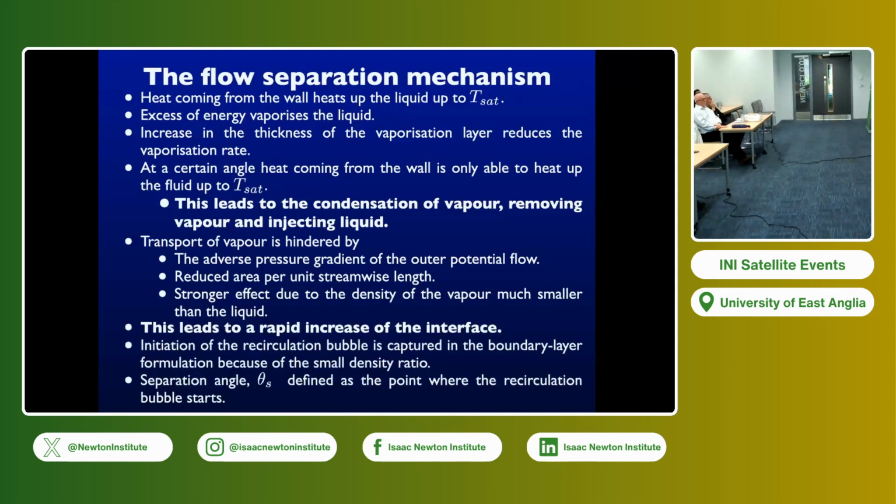So the result is that the vapor that is trying to move downstream at some point, because of the recirculation bubble, doesn't have enough space, in terms of the continuity equation, and that forces the interface to grow to be able to transport the fluid. As I said before, the initiation of the recirculation bubble was captured in the boundary layer formulation because of the small density ratio, and the separation angle was defined as the point where the recirculation bubble starts.